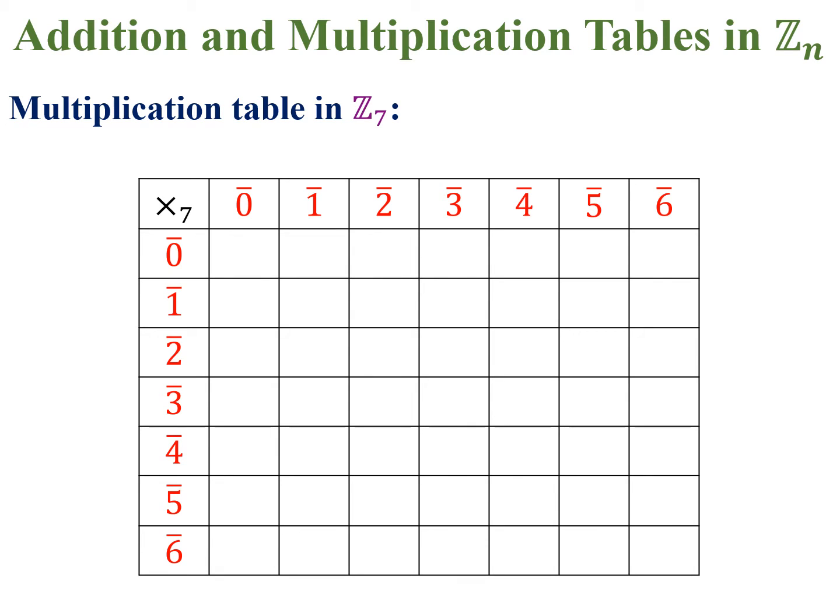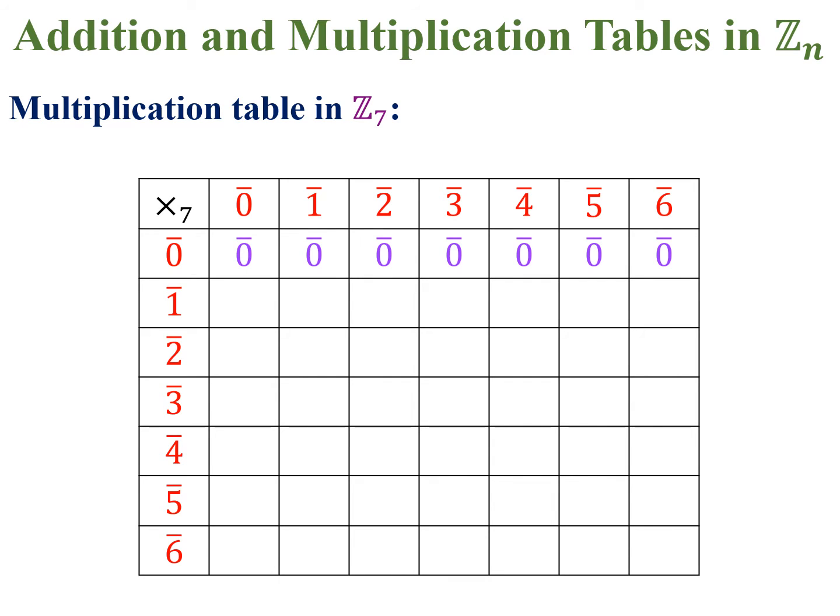We know that when we multiply any of these classes by class of 0, you will get the class of 0 itself. So this first result of the row will be class of 0 only. So in this row we will get all entries as class of 0.